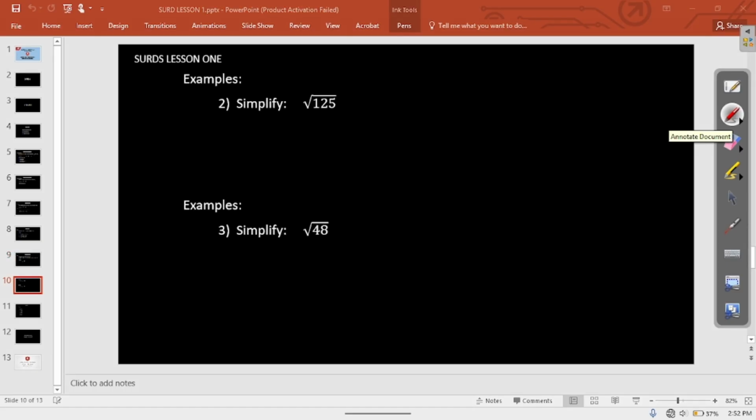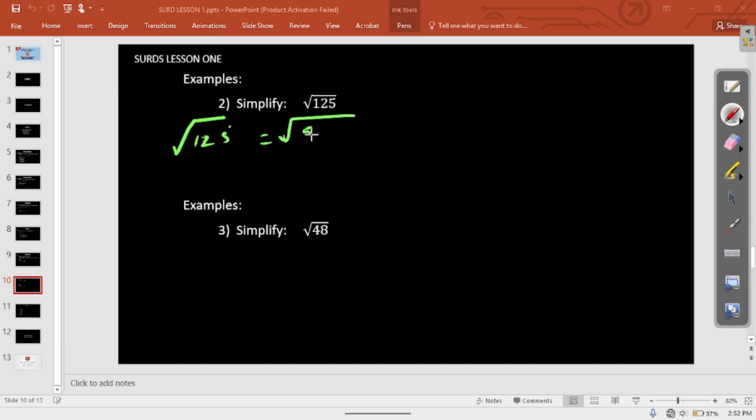When we come to this, the question is saying simplify the square root of 125. Again, what we need to do is to take the 125 and express it as the square root of its prime factors.